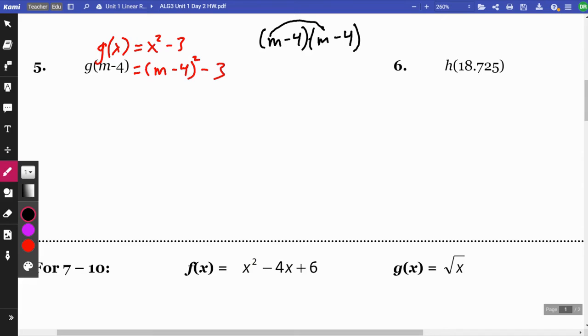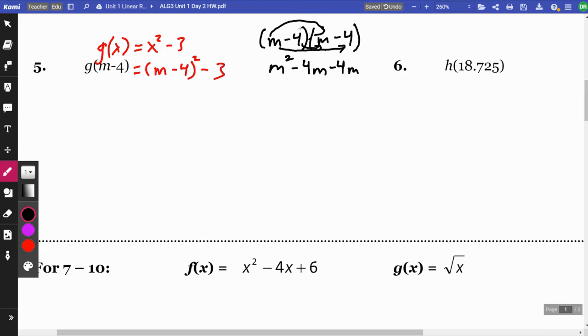First terms get multiplied together. That's m squared, because m times m is m squared. Then your outside terms you can multiply. That would be m and negative 4, or negative 4m. And then your inside terms, negative 4 and m, is also a negative 4m.